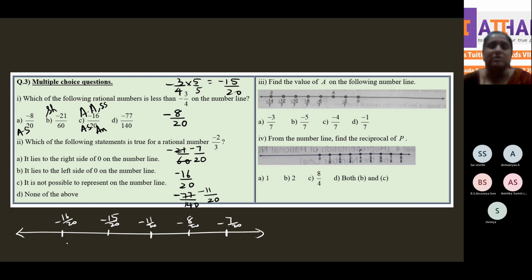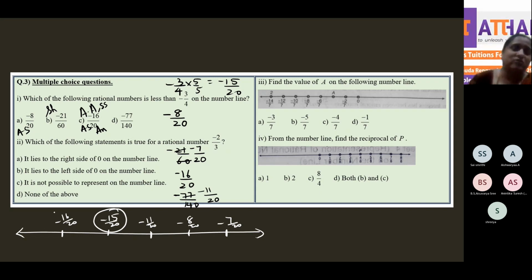So this is how they look on the number line. Minus 7 by 20, minus 8 by 20. So now the question is, what is minus 3 by 4? Minus 3 by 4 is minus 15 by 20. Now the question is, which of the following rational numbers is less than minus 3 by 4 on the number line?